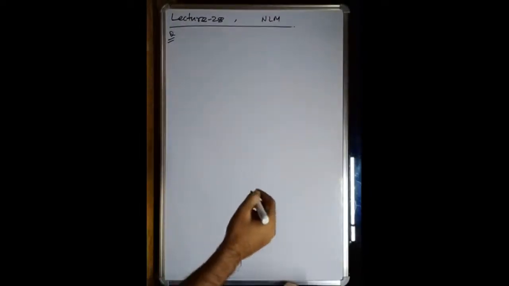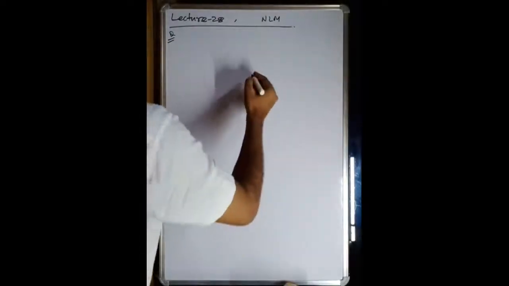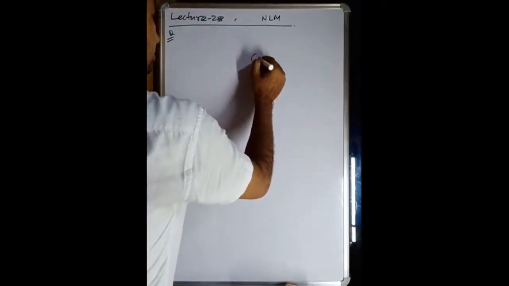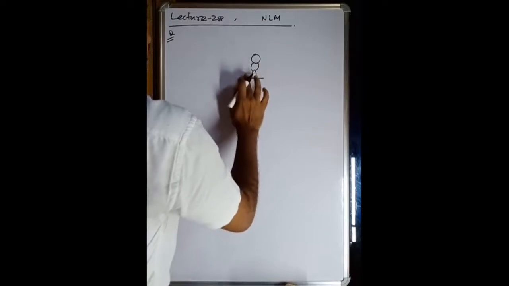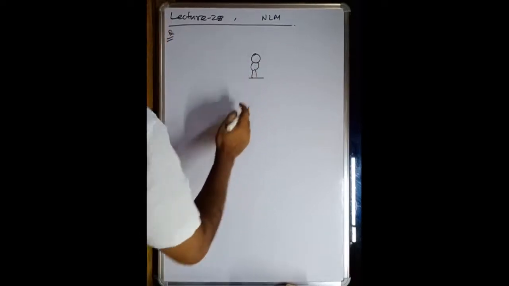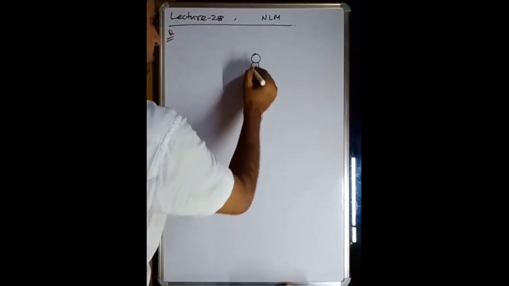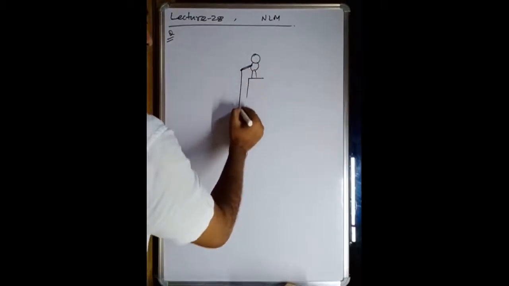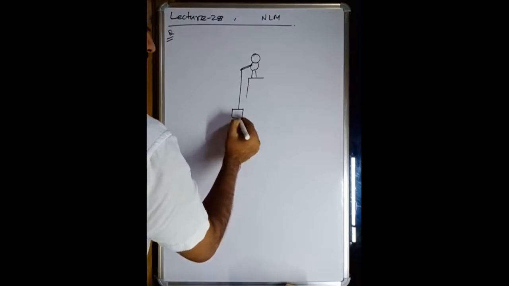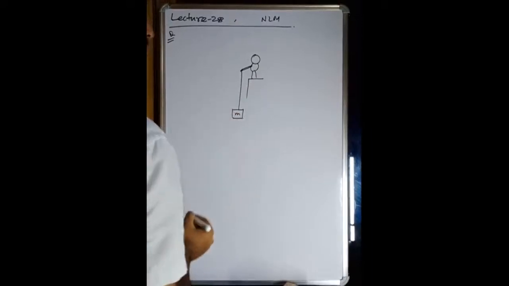It is given in NCERT, the two cases. Here a man is standing at a certain frame and trying to pull a block, or the bucket you can say, of mass m.